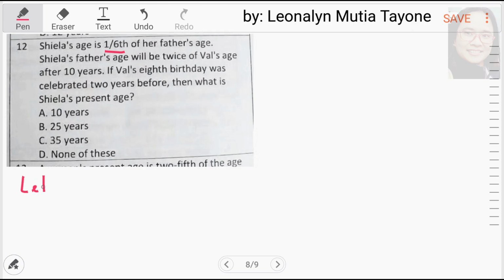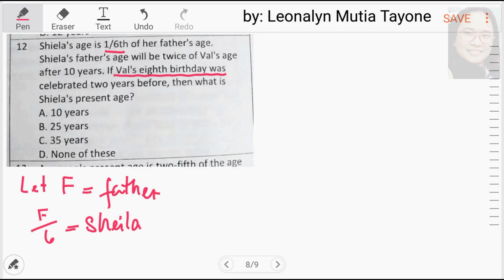So, let F be the edad ni father, tapos F over 6 be the edad of Sheila. Val's 8th birthday was celebrated 2 years before. So at present, 8 plus 2, this is at present. It is 10 at present.